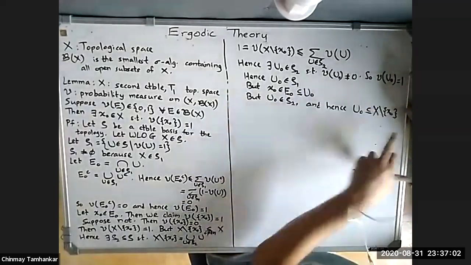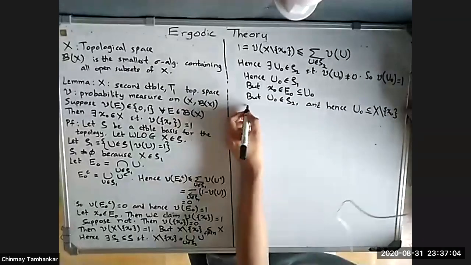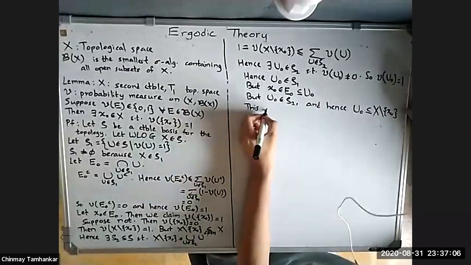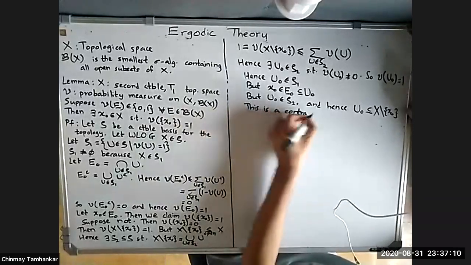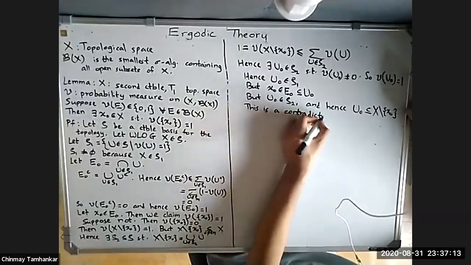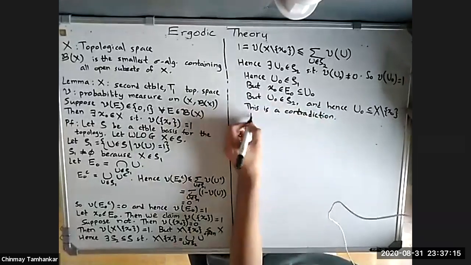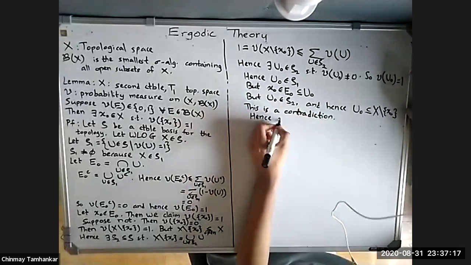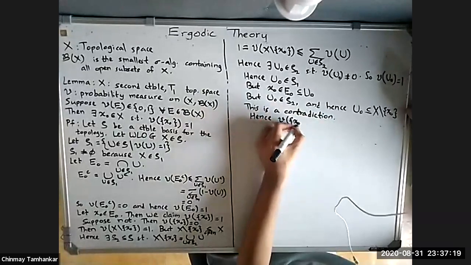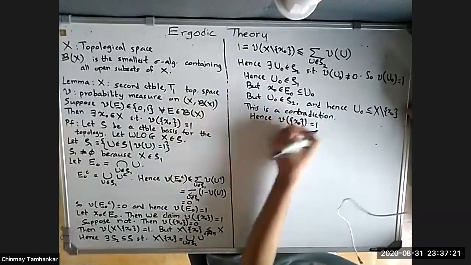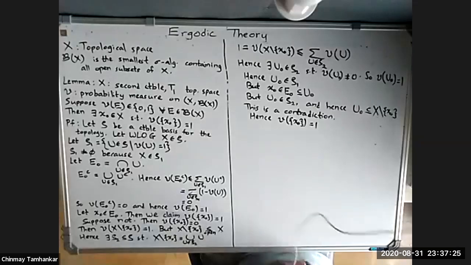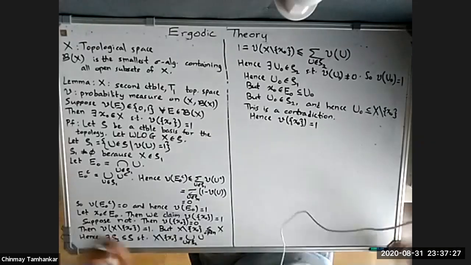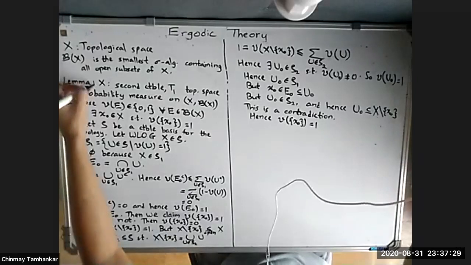So this means x naught cannot belong to U naught. So this is a contradiction. So hence the nu of x naught will be 1. So this proves our lemma. So we'll call this lemma 1.